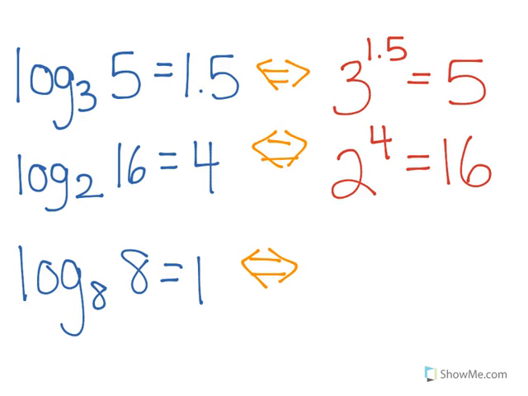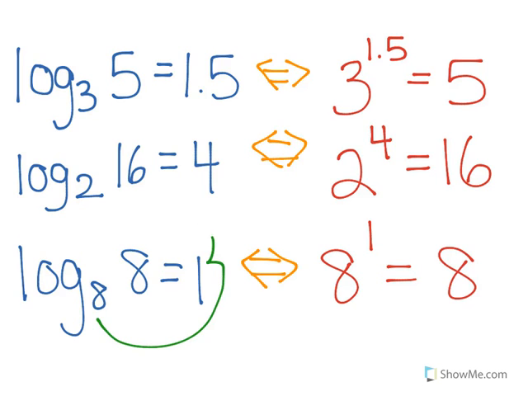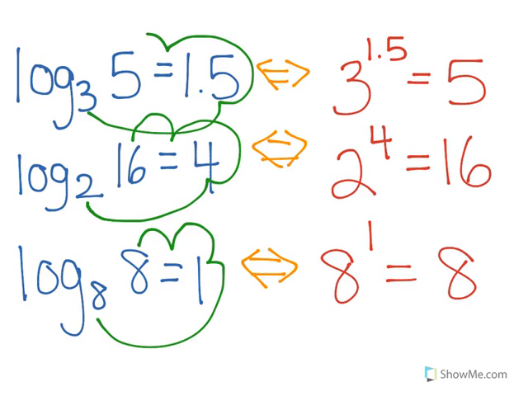And the exponential version is going to be 8 to the 1 equals 8. And again, with that popcorn method, you would start: log base 8 of 8 equals 1, 2 to the 4th equals 16, the base 3 to 1.5 equals 5.